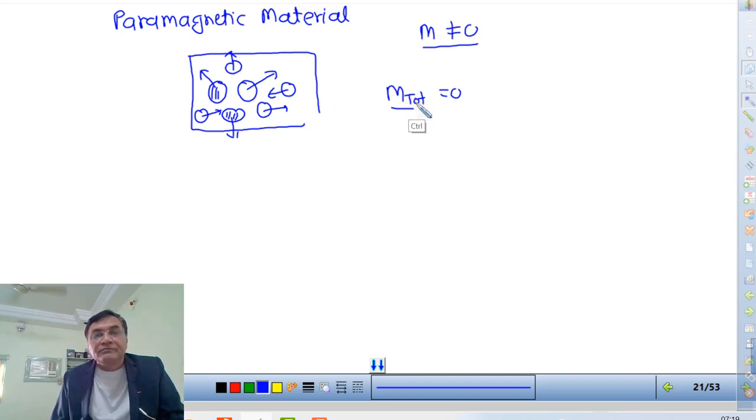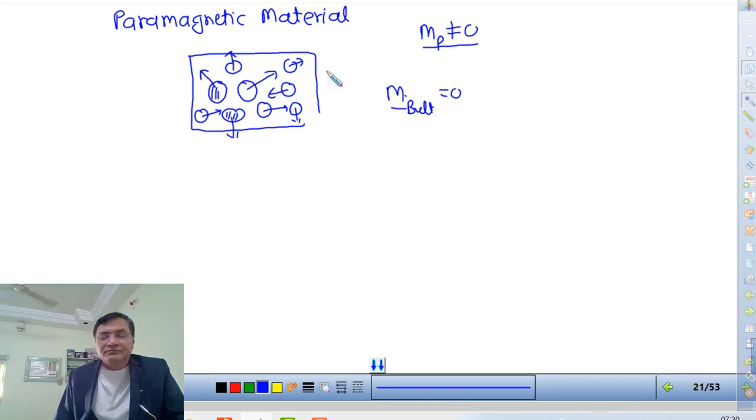If I use bulk, and this is particle, so m bulk is 0, but m particle is not 0. And this randomization is increasing with increase in temperature. And randomization temperature વધવાની સાથે વધવાનું, that we already studied in ideal gas ની જો આપણે ચેપ્ટર હતું એમાં 11th. દરેક એટમ છે મેગ્નેટિક છે, પણ એનું બલ્કમાં કેવું છે, નોન મેગ્નેટિક છે.